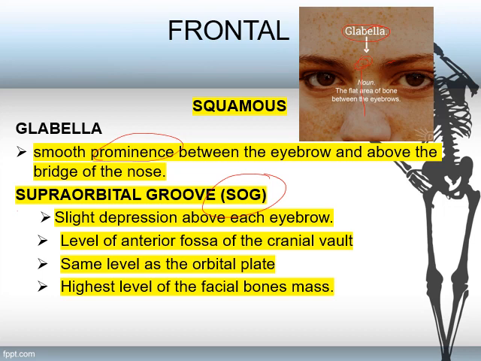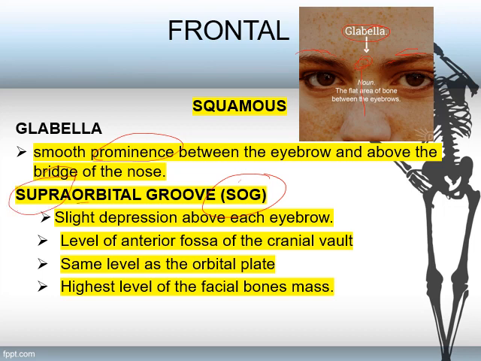So, it is a slight depression above each eyebrow. So, ito yung eyebrow natin. Just above this, if you can feel your eyebrow, sa taas lang niya, parang may depression dyan, naka-depress. So, that is our supraorbital groove. Tandaan nyo, above siya ha, kasi supra.